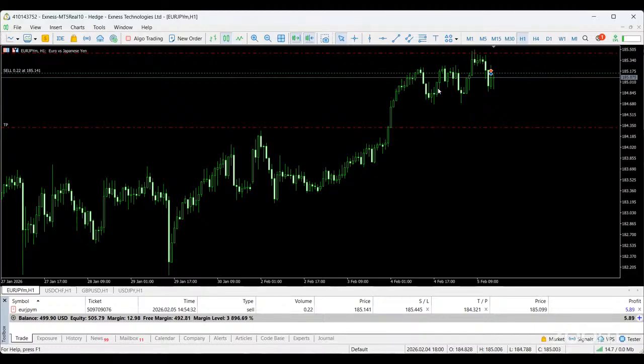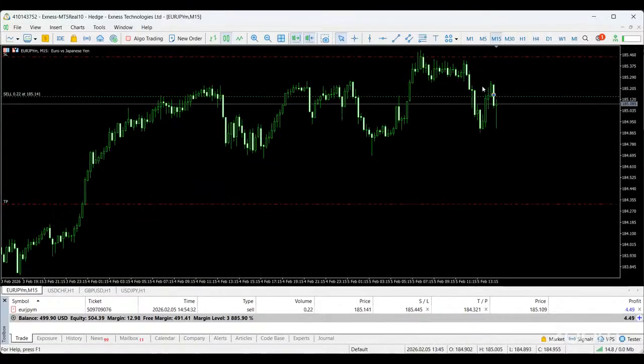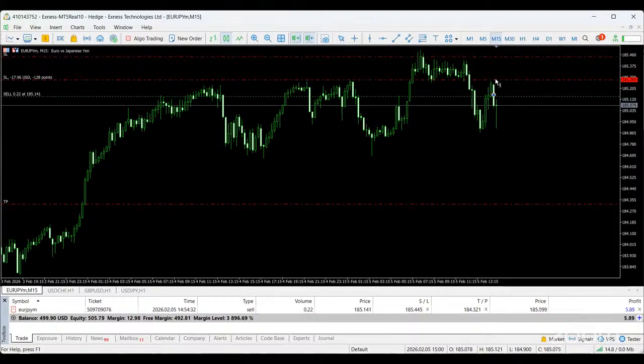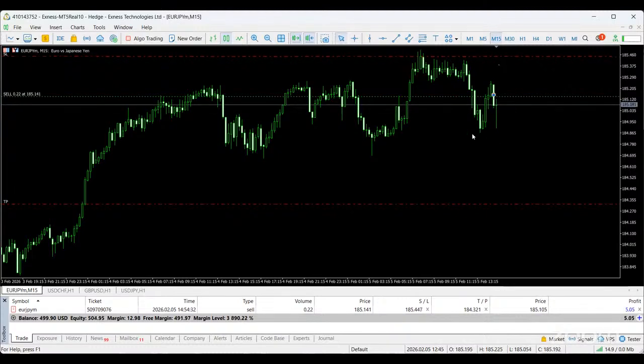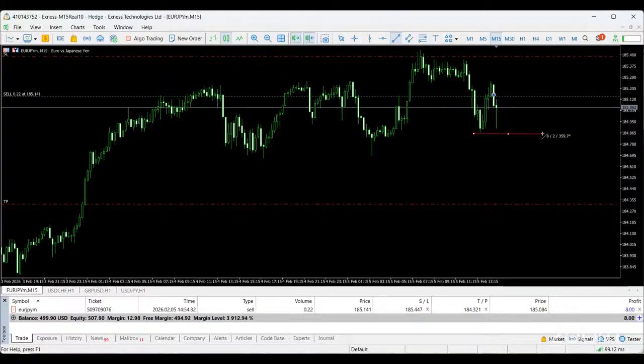After a while, I would want to bring my stop loss a little closer. When I'm bringing it closer, I'm going to drop it somewhere around here, because this will now be a new high. And I'll do that when price breaks this low. If price breaks this low, let me draw a line around there. If price breaks this low, I'm going to bring my stop loss to this high here.